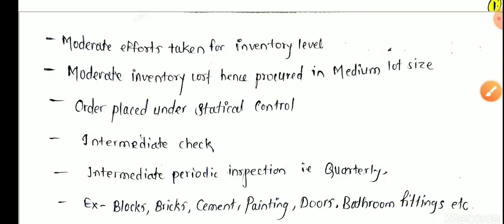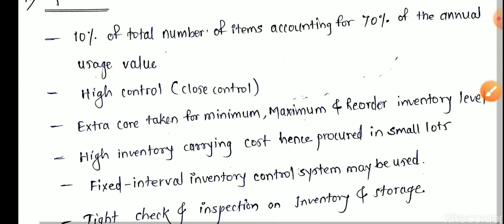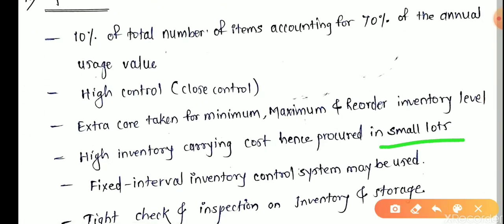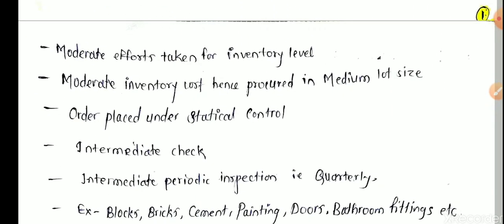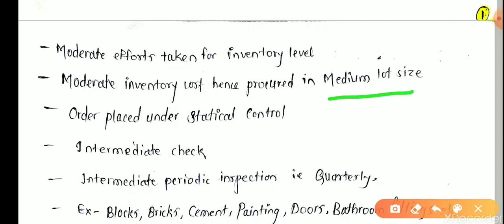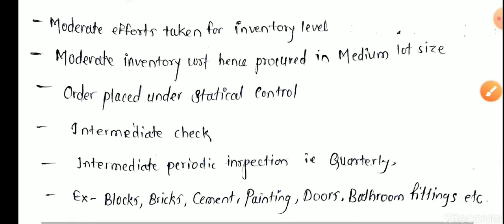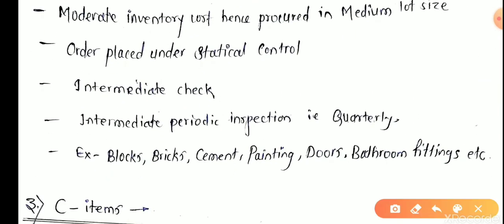As we saw, A type items are ordered in small lot size, while B type items are procured in medium lot size. Orders for B type items are placed under statistical control. We have to check after how much time to order, how many items to order, their quantity and quality.